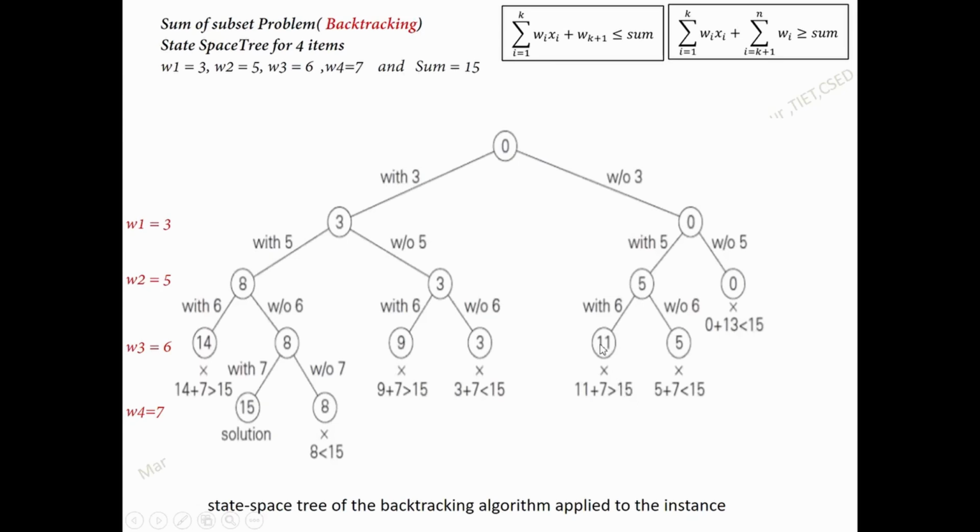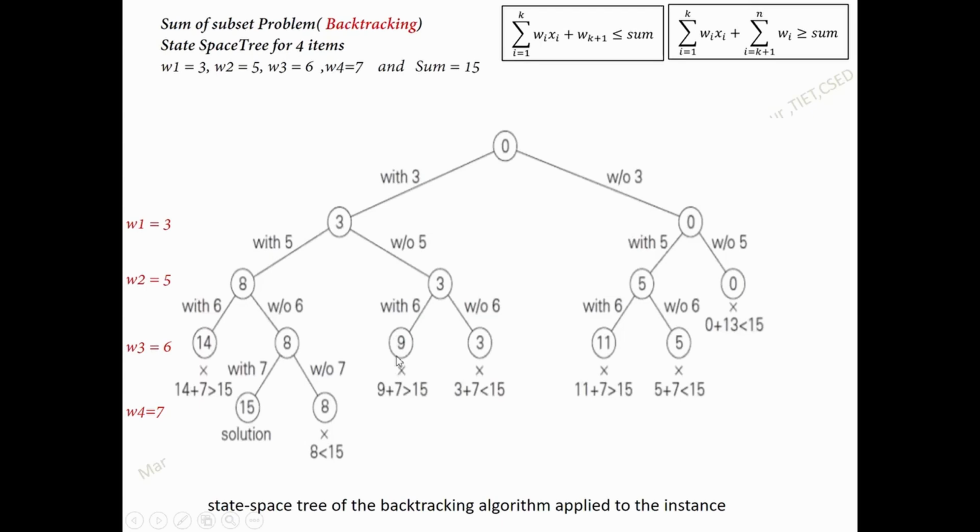If the value is already exceeding, the next possible option is just to use the next level value, that is 7. 11 plus 7 is 18, which is exceeding the required sum value 15. You should not move further with this node.